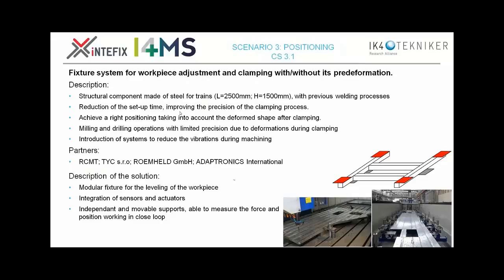This is the lateral side of a train car, and as these components are so long and have an important weight, they get deformed when they are loaded in the machine. So these deformations are not controlled, and the idea is to reduce the setup time.